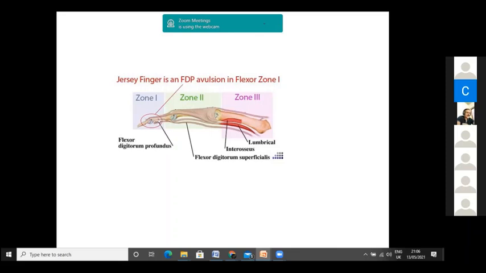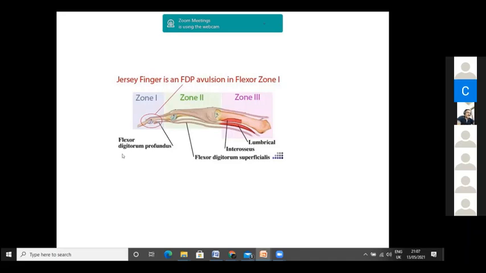A zone 1 injury means injury of FDP alone, because FDS injury cannot happen in a zone 1 injury. In a zone 2 injury, you can have FDS or FDP, both or one of them. But in a zone 1 injury, you can have injury of only which tendon? FDP.